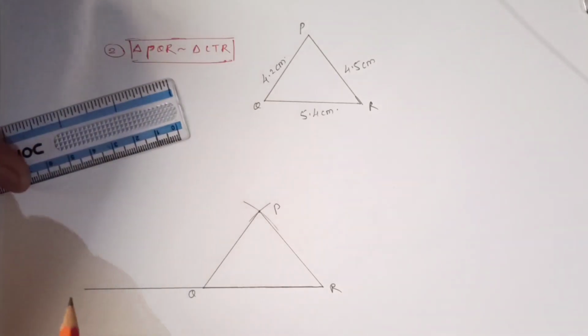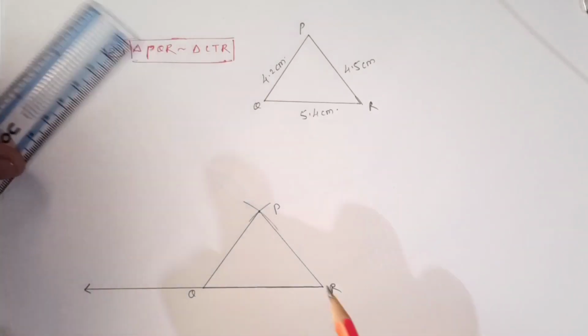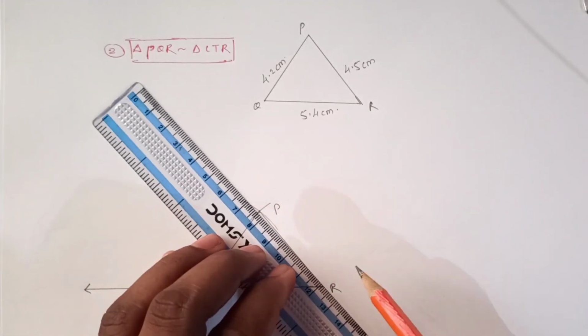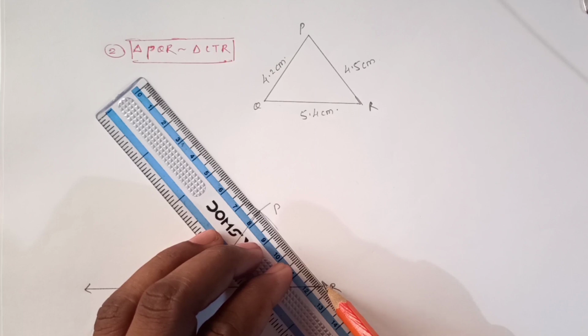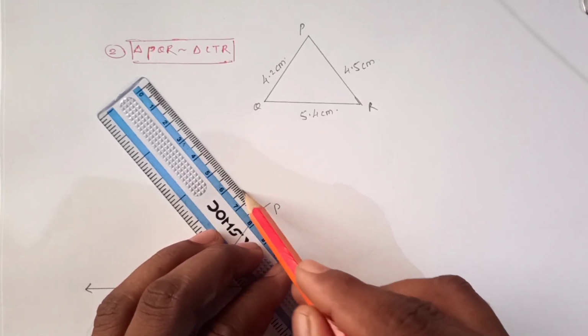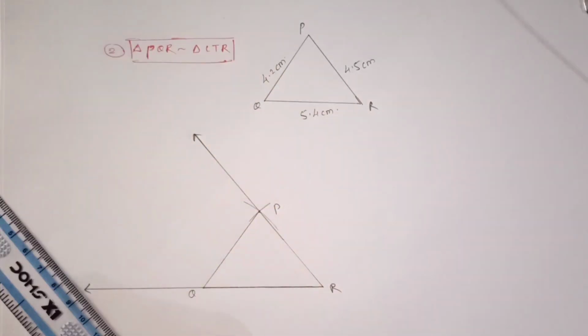This much is enough here. Not only this base but also another side of that triangle. So we will extend the base and this side this way.